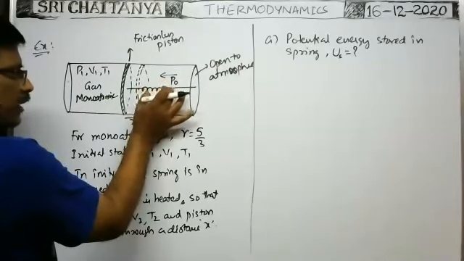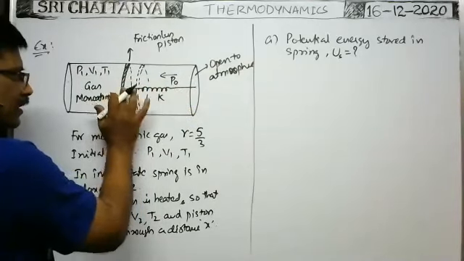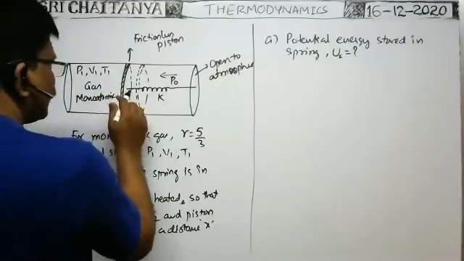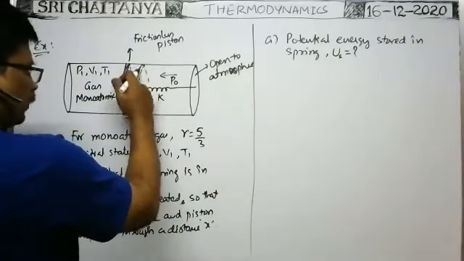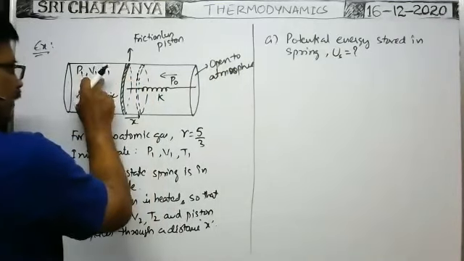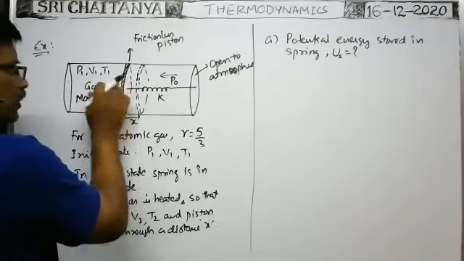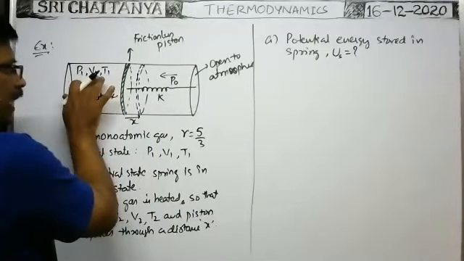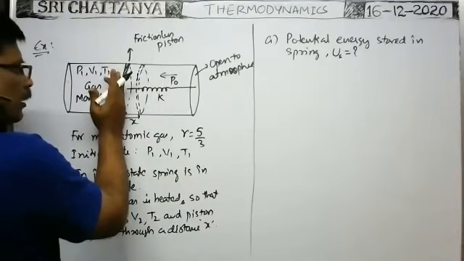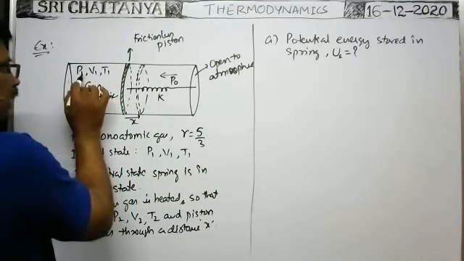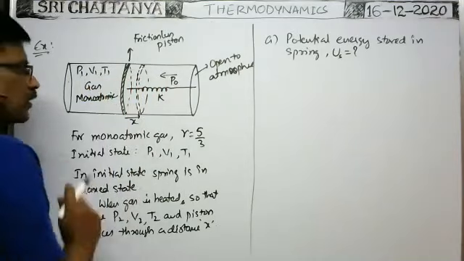That's why no force is exerted by the spring on the piston at the initial state. The atmosphere pressure acts on the piston, and inside, the gas also exerts pressure on the piston, so the force due to this pressure acts outwards. But as it is under equilibrium, definitely the pressure of the gas initially is equal to atmospheric pressure.